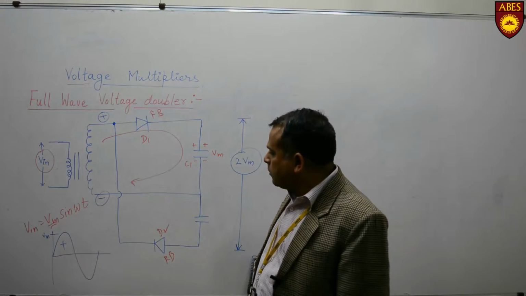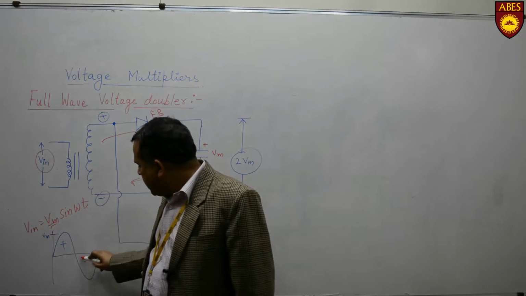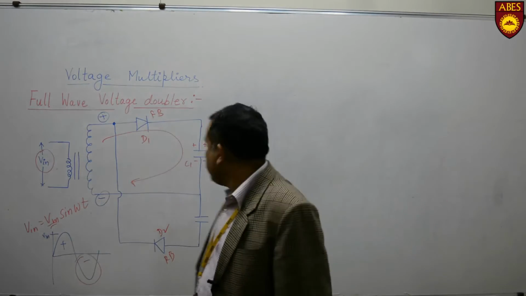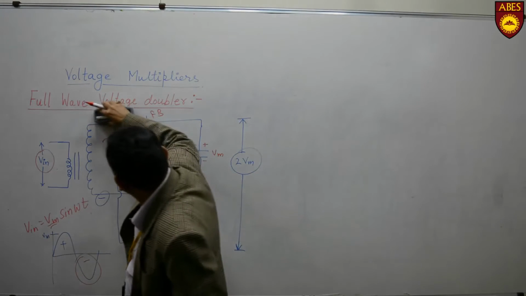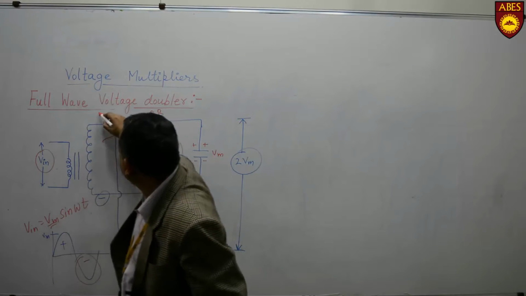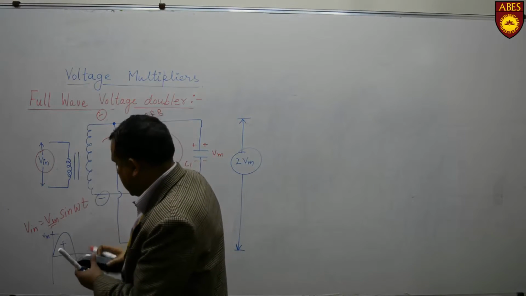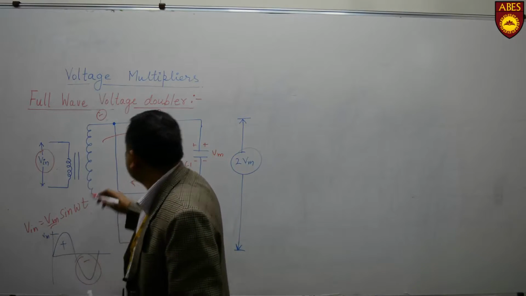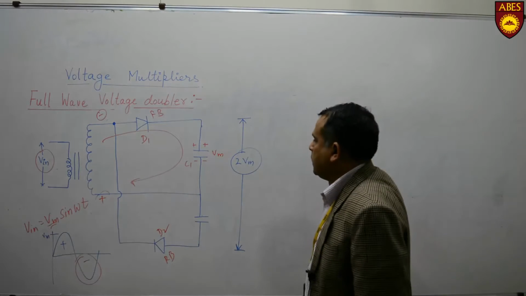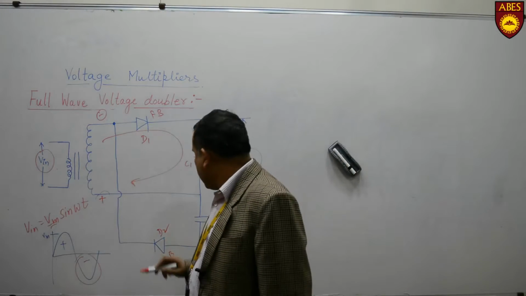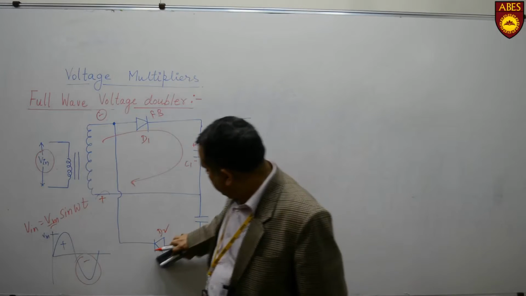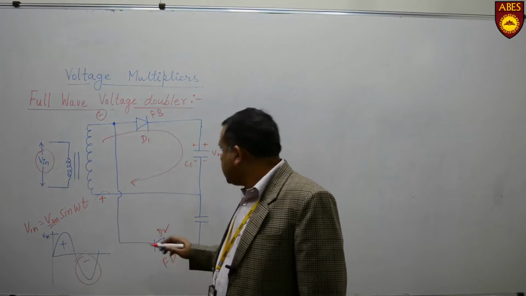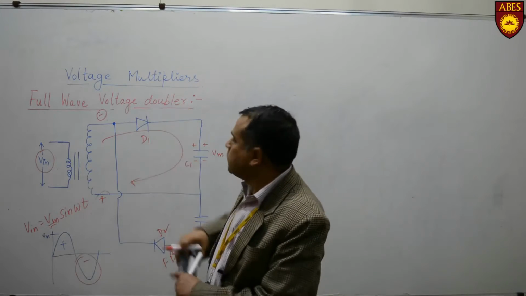In the second half cycle, or you can say in the negative half cycle, as far as polarity is concerned, this terminal becomes negative and this terminal becomes positive in comparison to that. In this condition, this diode will be forward biased and this diode will be reverse biased.